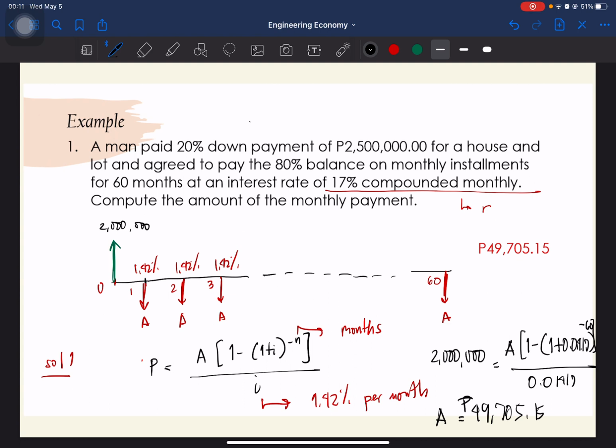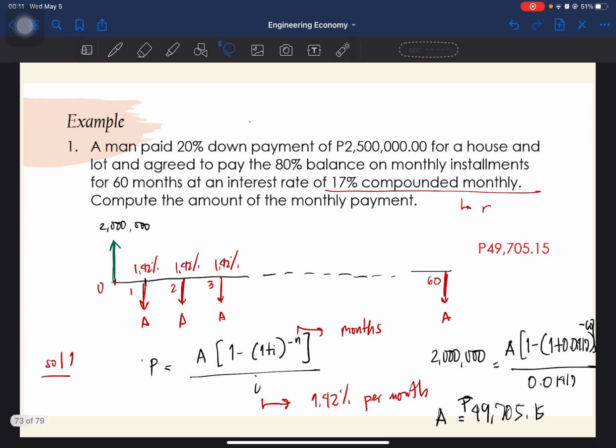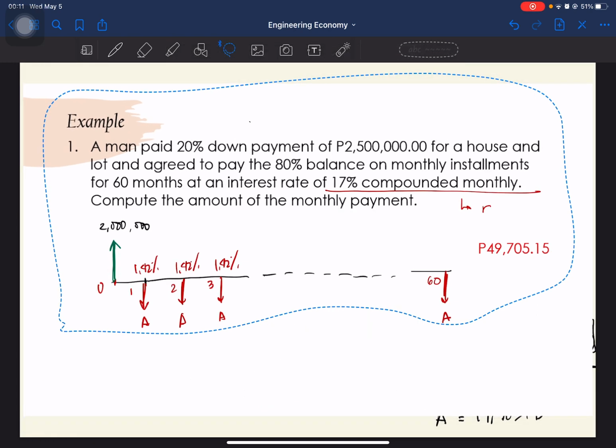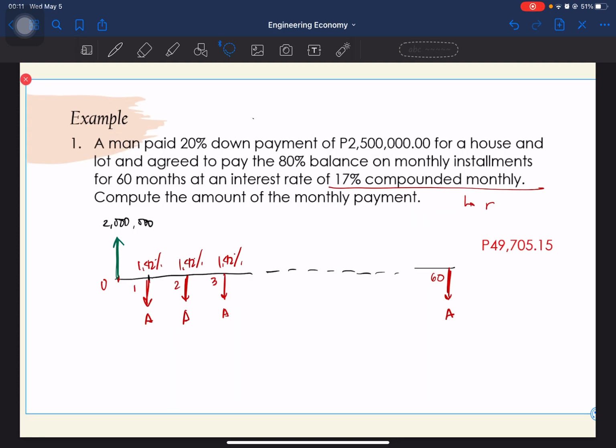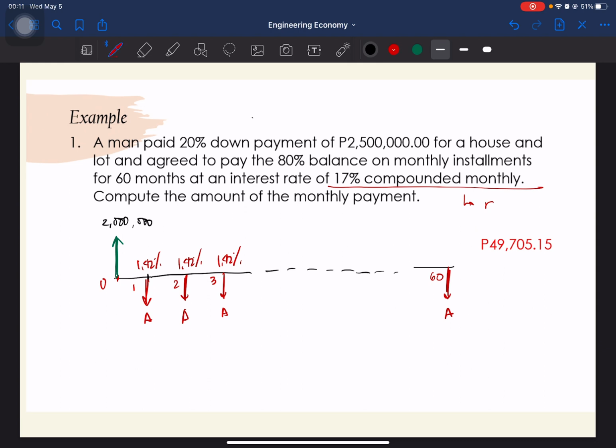Okay? Next, as promised, let's try solution 2. We're going to have the same cash flow diagram. So, paste na lang natin siya sa next page. Okay? Now, we are sticking with the formula that contains R at saka yung M. O, this is your solution 2. Okay?